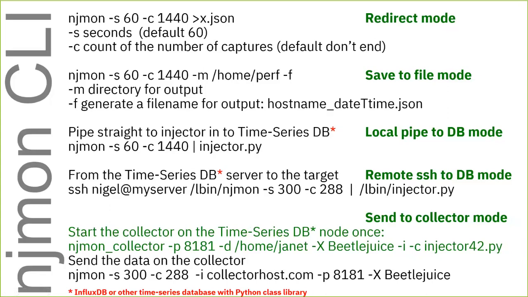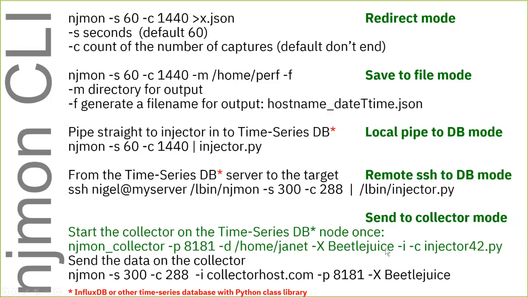So we have what's now called a collector. On the time series database machine, you run the collector here in green, and you say what port you want it to open, classic 8181, and what directory you want it to run in, which is where it will save the files. -X is like a password, I guess, or a secret fact.